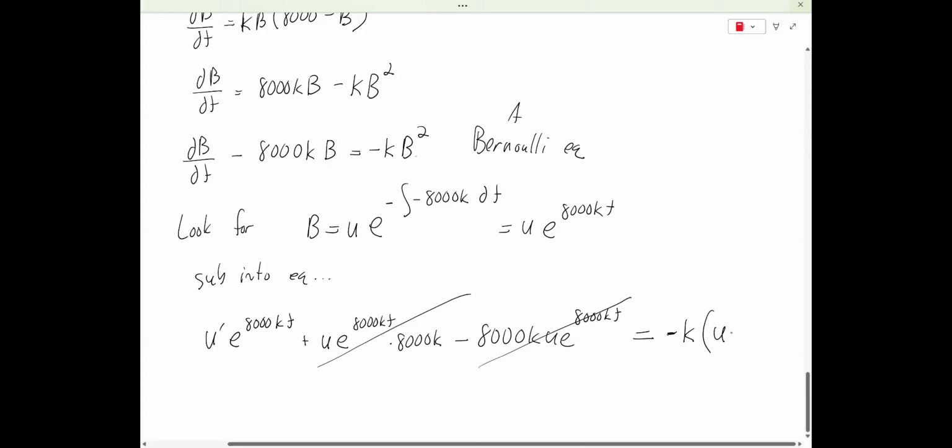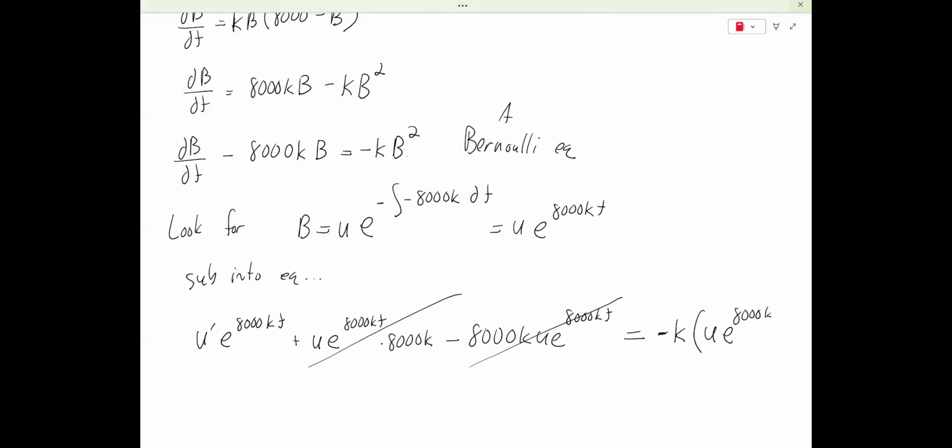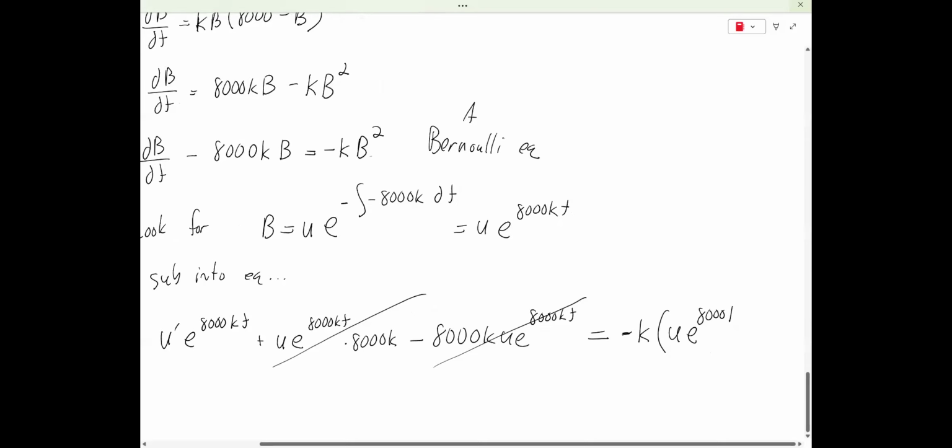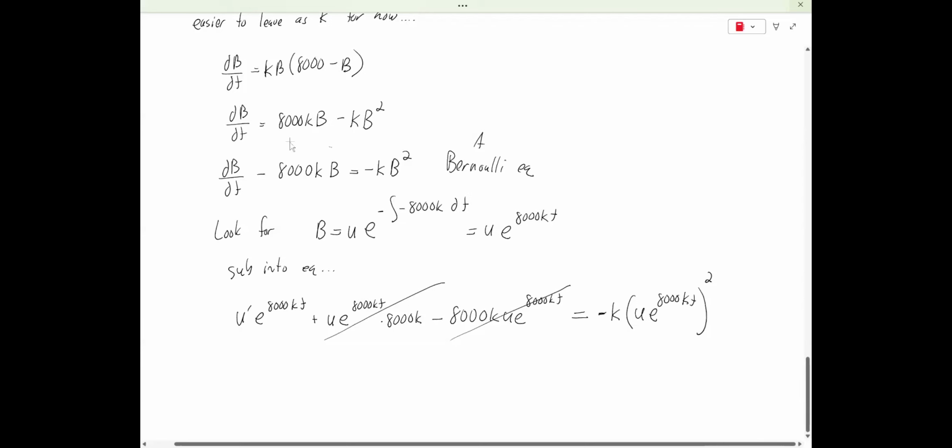That's u e to the 8,000 kt, but now that's squared here. Okay, I'm looking back at this. Got a lot there, but that's what it looks like so far. Anything there so far on that?